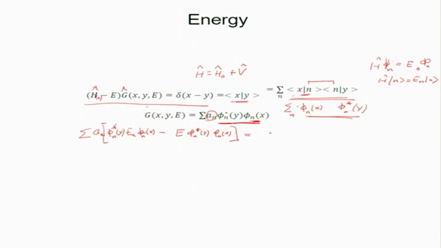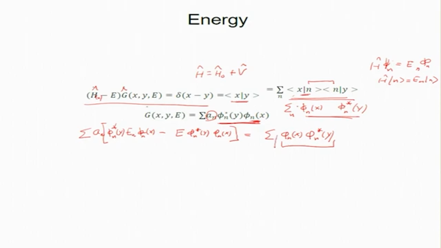And the right hand side is the sum of phi n x, phi n star y. Now, I equate these; they are basically functions. So, I can take it to the left hand side and get the coefficient of this function to be 0.